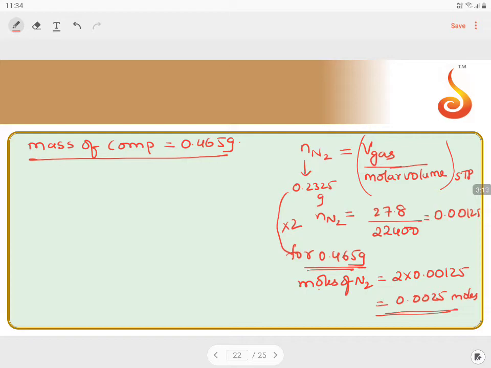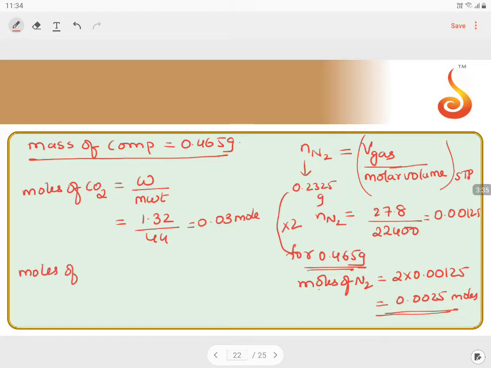Now let us find the number of moles of carbon dioxide. Moles of carbon dioxide is mass of the substance by molecular weight. Mass is 1.32, molecular weight is 44, we get 0.03 moles. Moles of water formed is mass by molecular weight, which is 0.315 by 18, which is 0.0175.